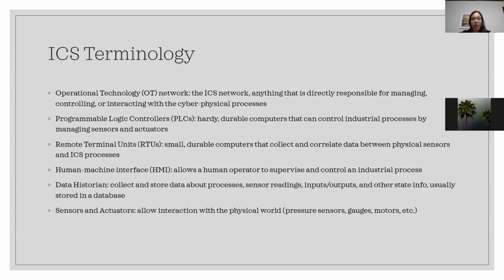So then after OT, programmable logic controllers, PLCs, these are the main computers that control industrial processes. They don't look like a normal computer, like you and I would expect. They're way more rugged and durable. They don't have a lot of extra peripherals.